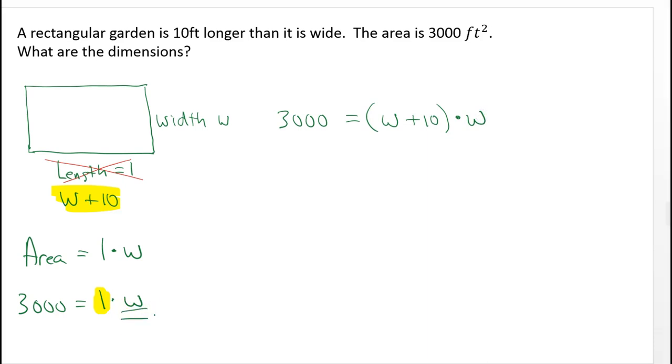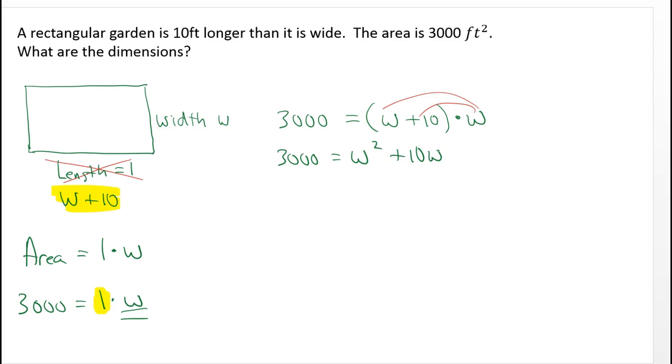Now what you have here is a quadratic equation. So I need to simplify the right-hand side by just distributing that W inside. So now I have 3,000 equals W squared plus 10W. My next issue is any quadratic equation that I need to solve, I need to get it equal to 0 unless I'm using the square root property.